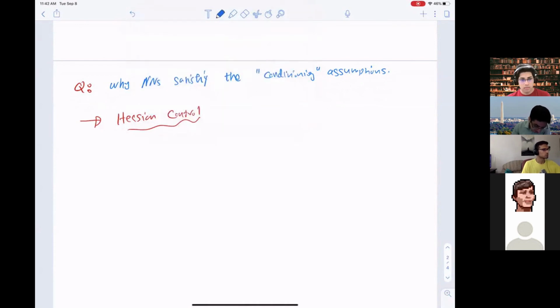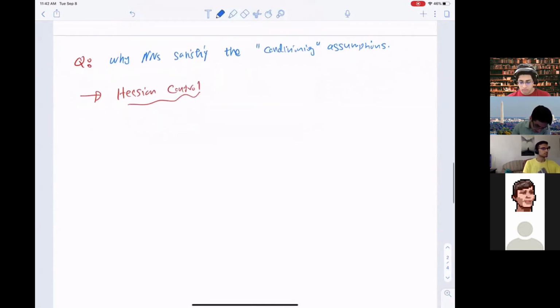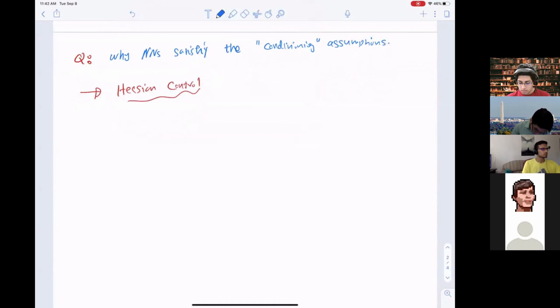First, let me explain at a high level what I mean by that. Remember, the mu PL condition is equivalent to showing that the minimum eigenvalue of my tangent kernel is bounded away from 0.